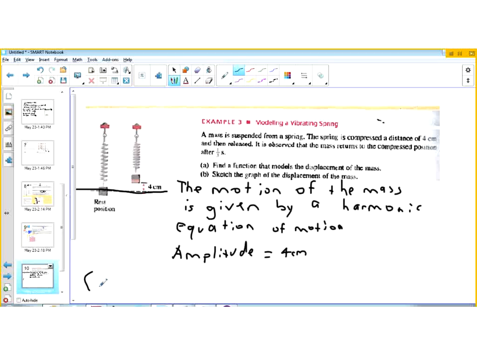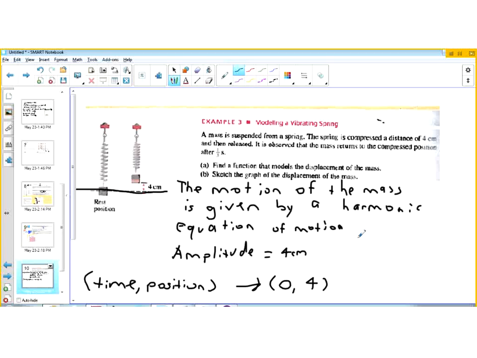That's what we're plotting, okay? So we're plotting time and position, these ordered pairs. So our abscissa is time and our coordinate is position. So that means at time t equals 0, we have a position of 4 centimeters.